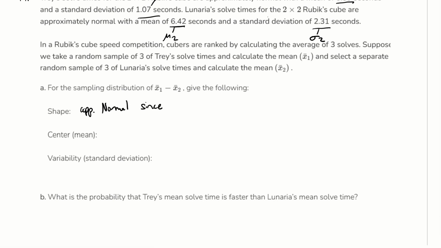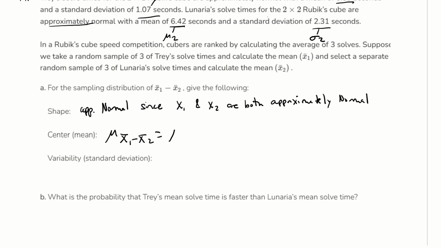Since x1 and x2 are both approximately normal, because they told you that they were both approximately normal. Okay, the center is going to be the mean of x bar 1 minus x bar 2.